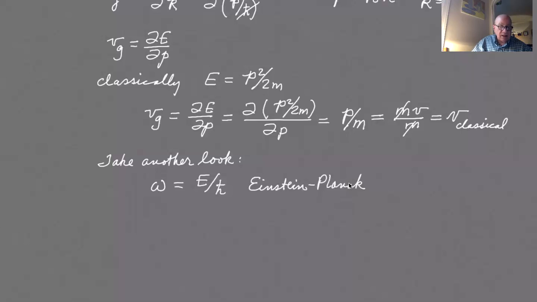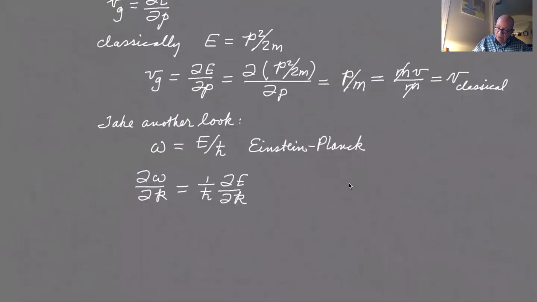The change in omega with respect to k is then equal to 1 over h bar times the change in E with respect to k, again using the Einstein-Planck relationship.